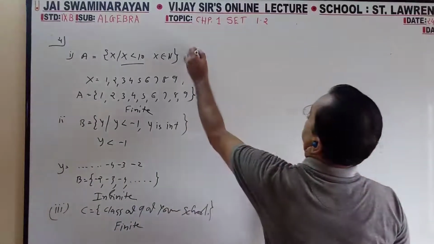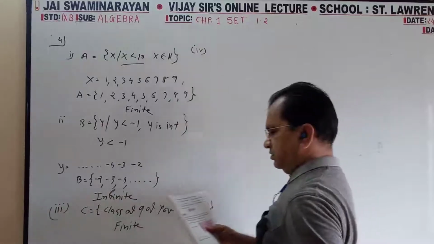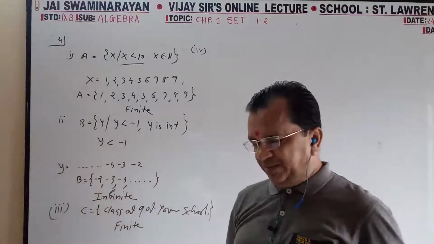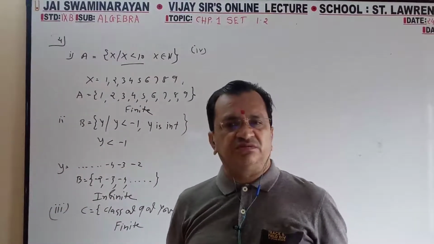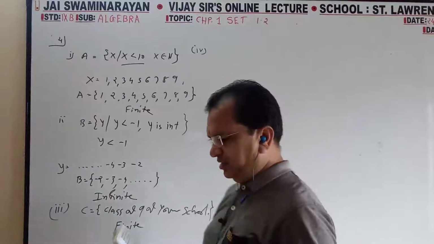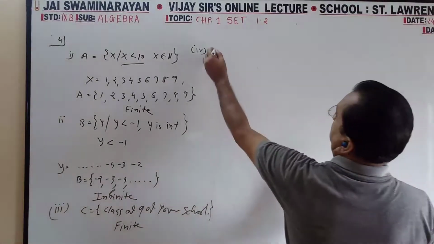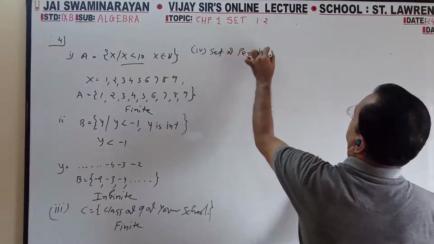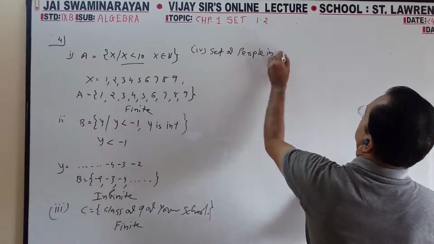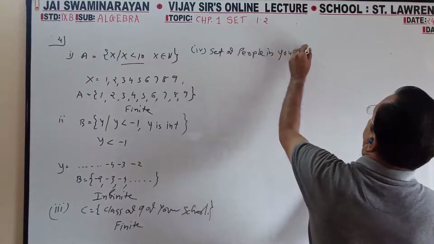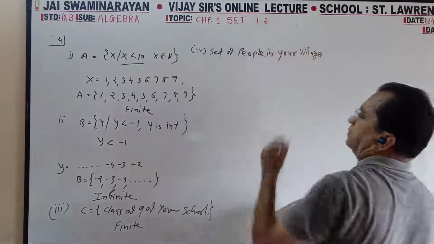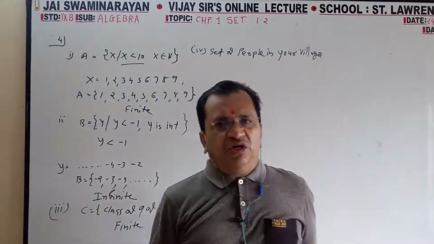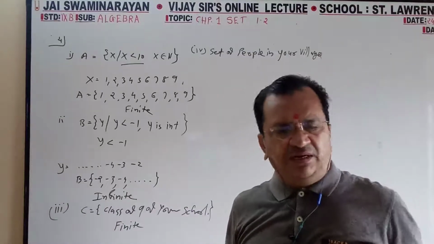Fourth, the set of people from your village: countable or not countable? The set of people in your village is countable.